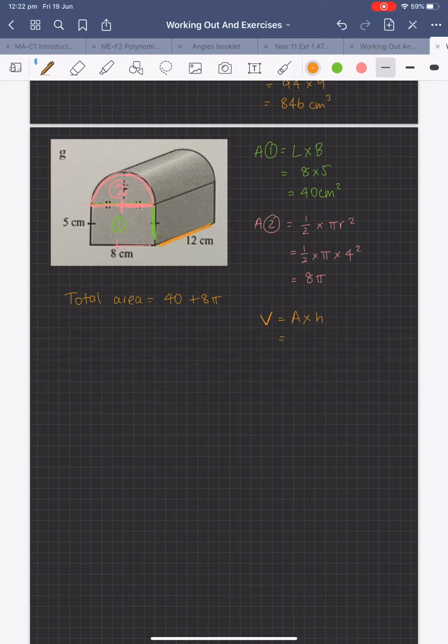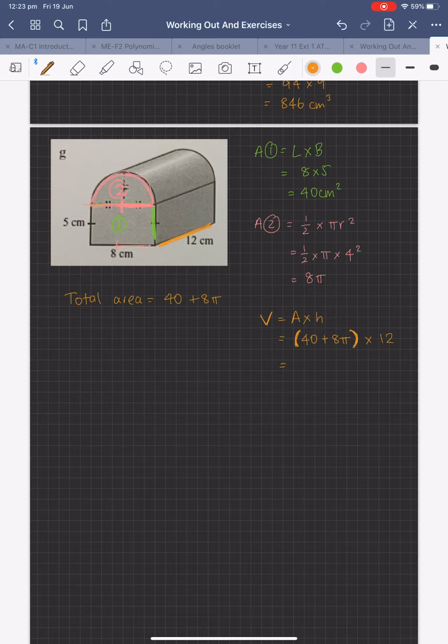So it's 40 plus 8 pi times 12. If you are putting it in the calculator as an exact value, you need to use brackets because we want to add these two things together first, then multiply by 12. If you don't do the brackets, you'll get a different answer.